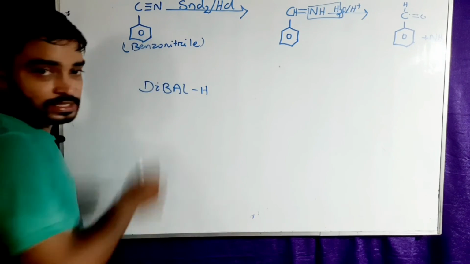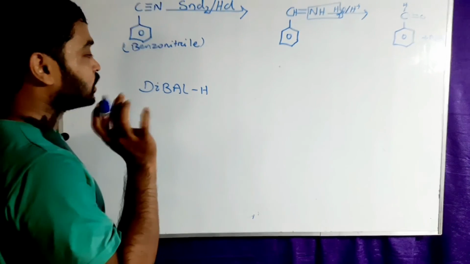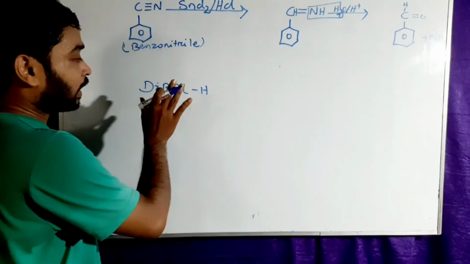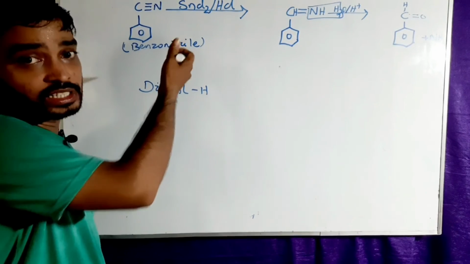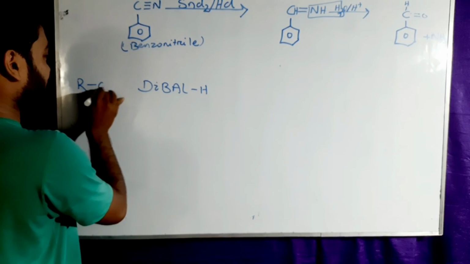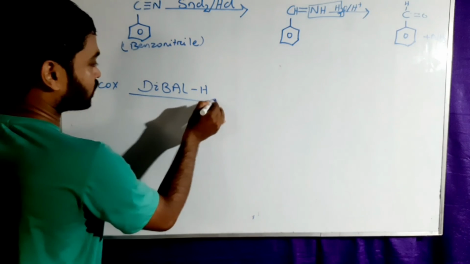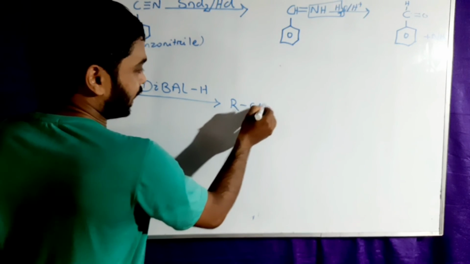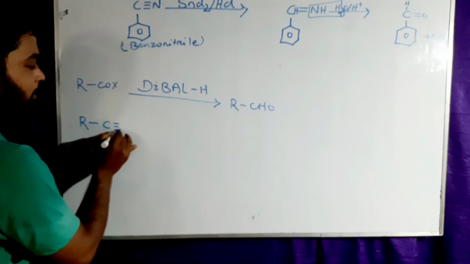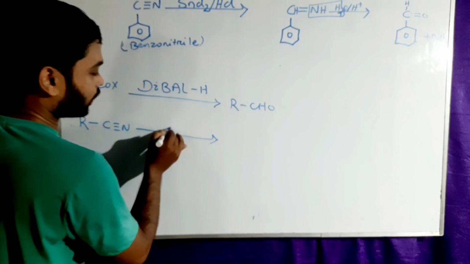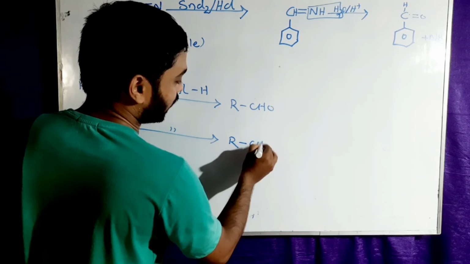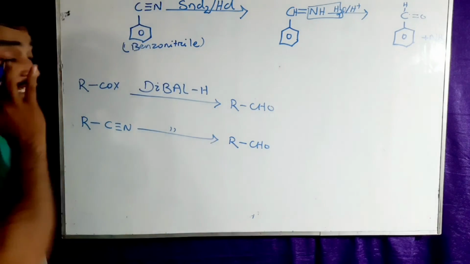What is DIBAL? DIBAL is a universal agent which directly converts acid halides as well as nitriles directly into aldehyde: acid halide RCOX to aldehyde, and R C triple bond N will directly convert to aldehyde through this reagent, that is DIBAL.